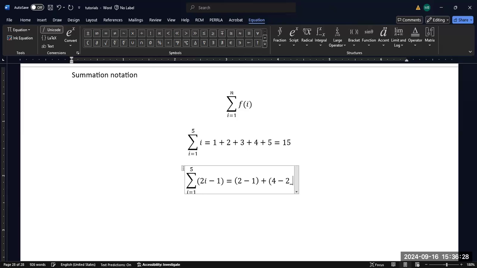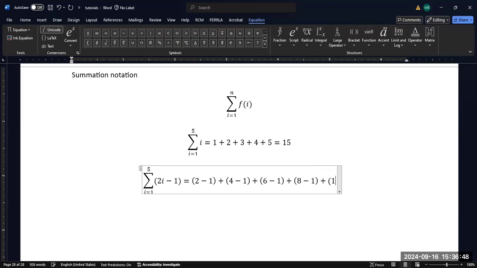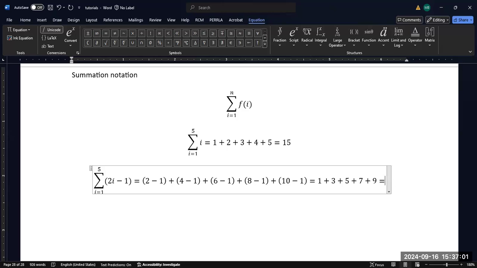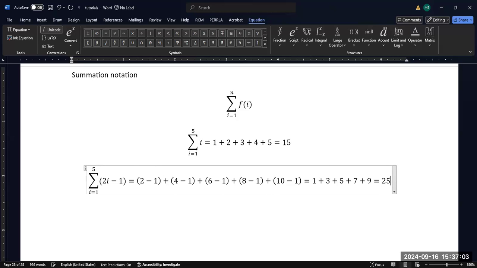When I is 3, this is going to be 6 minus 1. And then when I is 4, this will be 8 minus 1. And then when I is 5, which is our stopping point, that'll be 10 minus 1. And so what we've got here is 1 plus 3 plus 5 plus 7 plus 9, which is going to give us 25.